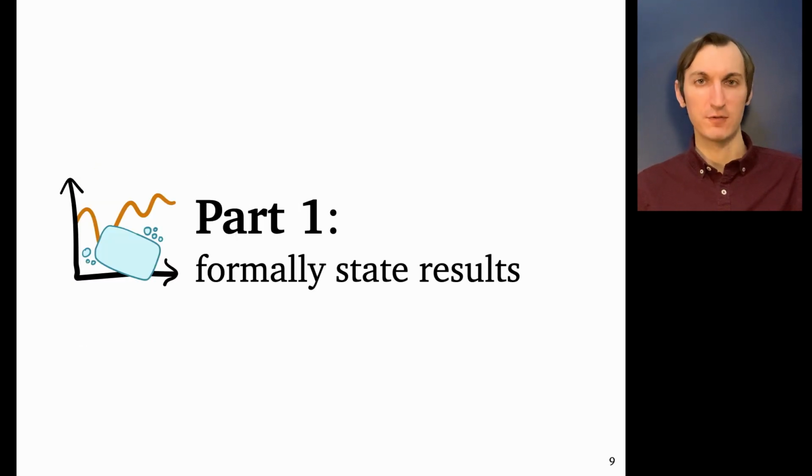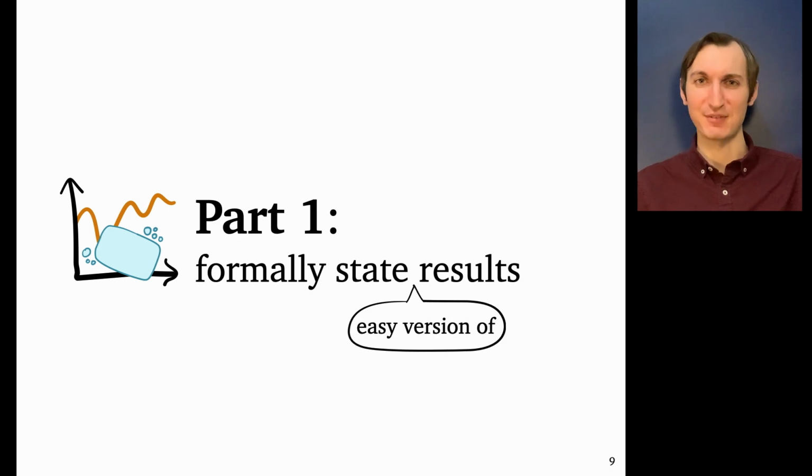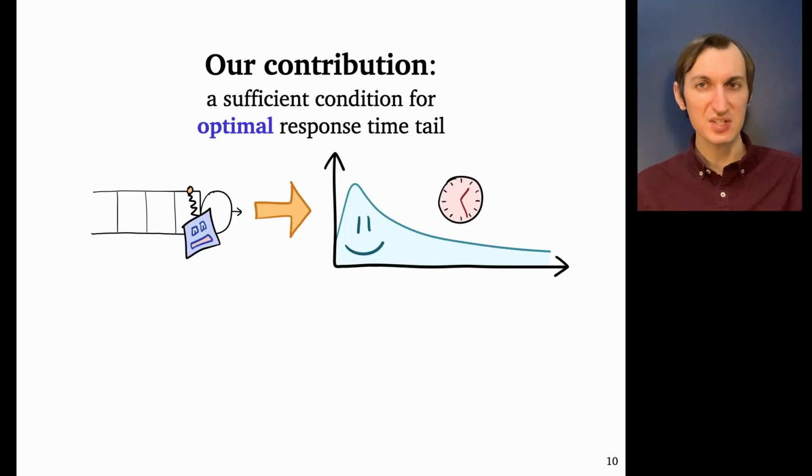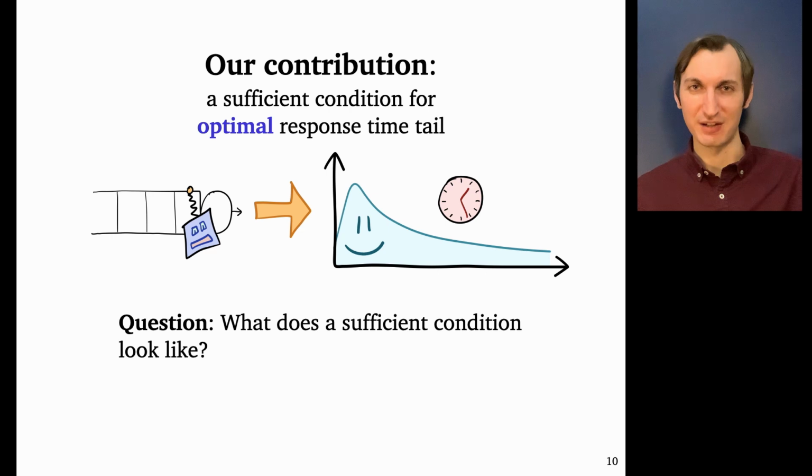So let's start by formally stating an easy version of the results. For the full statement, which is a bit too complicated to go over now, you can see our paper. We're looking for a sufficient condition for a policy to have optimal response time tail. The first question we should ask is, what are we even looking for? What might the sufficient condition look like?